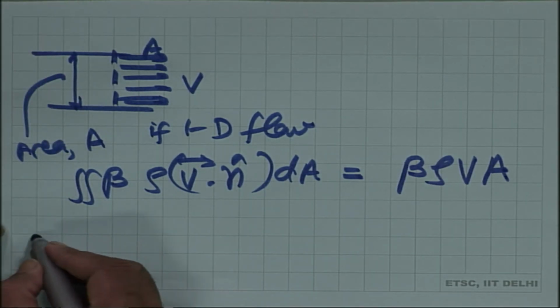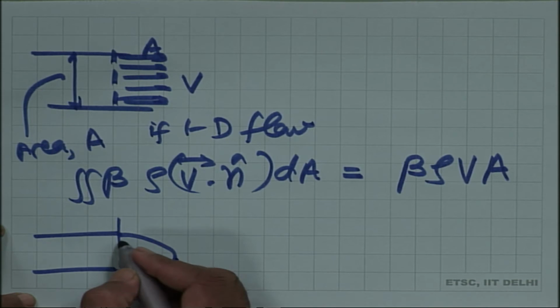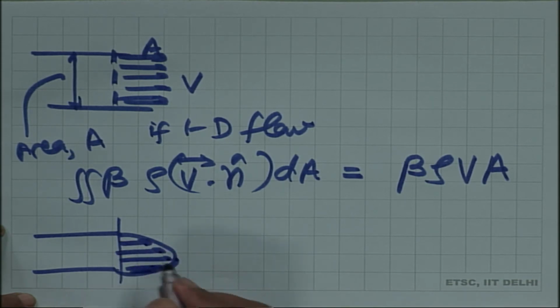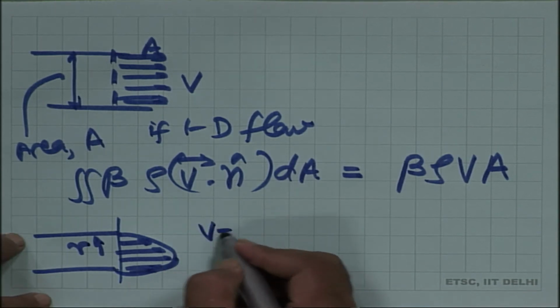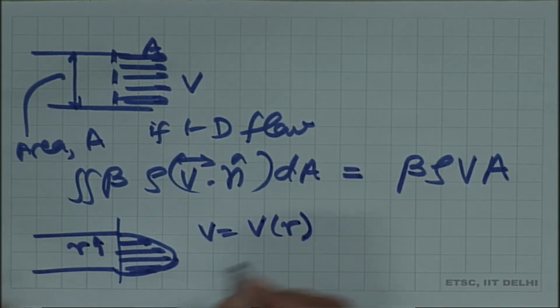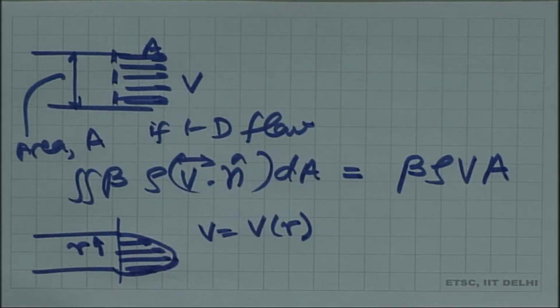But suppose in the same pipe, let us say this is a circular pipe and velocity is a function of r. It is 0 at the pipe edge and it increases and it is some function of r.